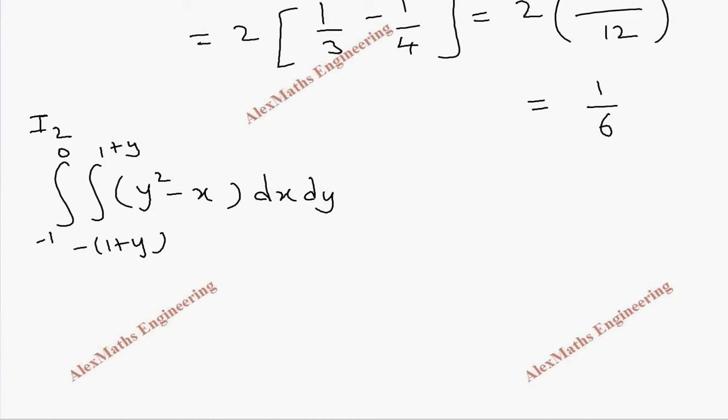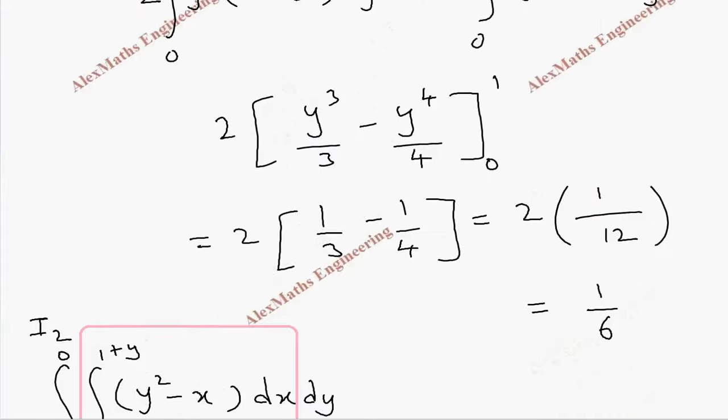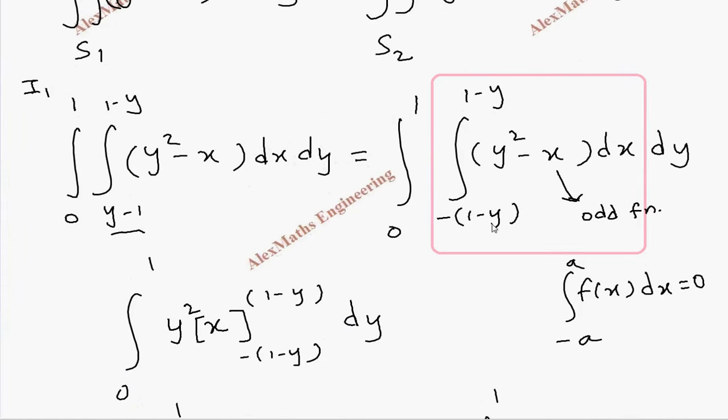And again, first we have to evaluate with respect to x. So y square is a constant, so it will become y square into x. And again, this is an odd function, only x is there, so it is a odd function. So according to this, from minus a to a f of x dx will be 0.